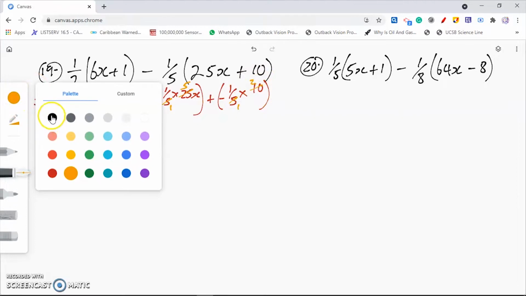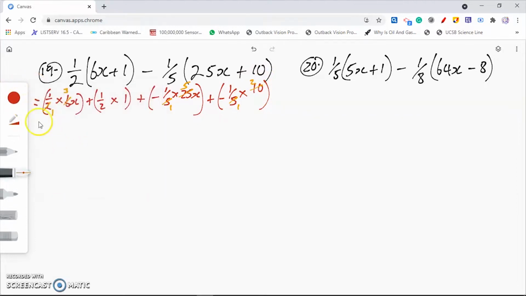So then we could write our next step. So 1 times 3x is 3x plus half times 1 is half. Any number multiplied by 1 is the number itself.